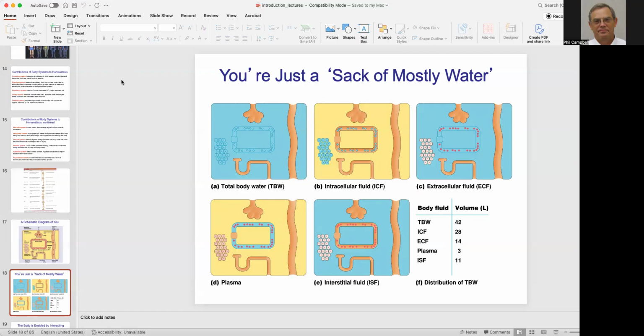That's extracellular. So your total body water is first divided into either inside a cell or outside a cell. Okay? So if you think about that, your intracellular water is around 28 liters. That's a huge volume. The extracellular water is only about 14, so it's about half that.